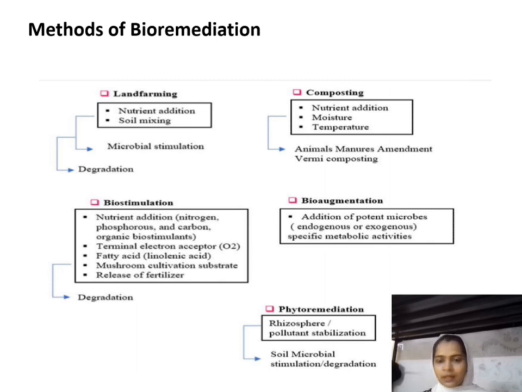Bioaugmentation is adding genetically modified bacteria into the microbe population. It will enhance the performance of the microbes. And the other one is phytoremediation. Phytoremediation is using plants to reduce the contamination. The plant's roots can absorb contaminants and reduce the carbon.